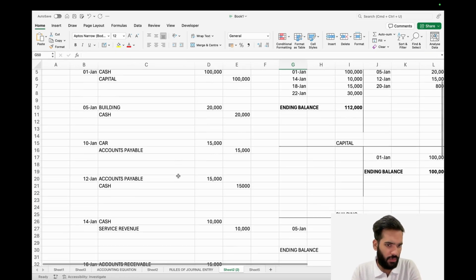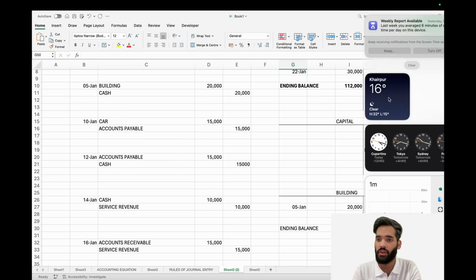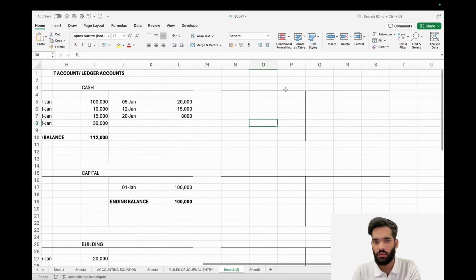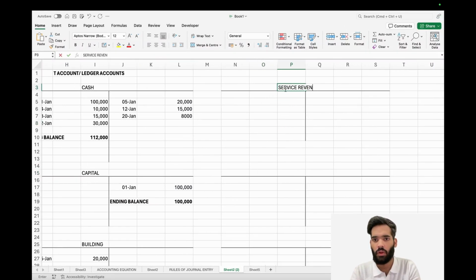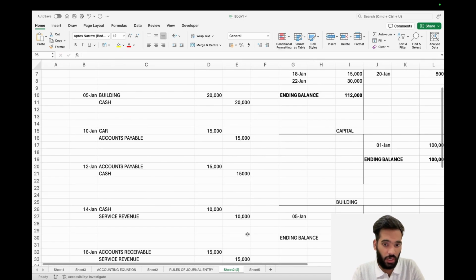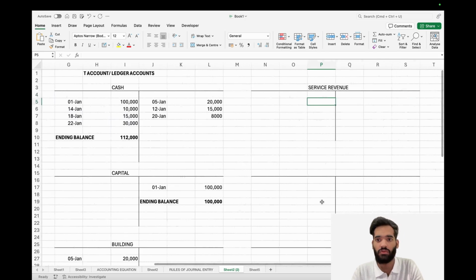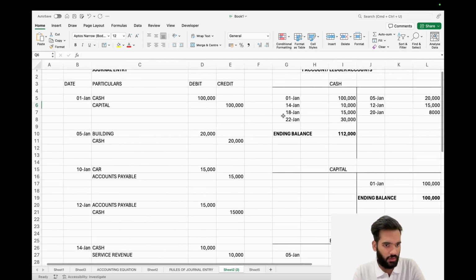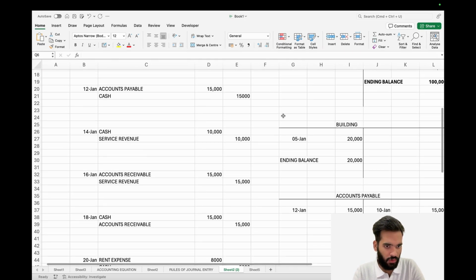After car and accounts payable, we have service revenue. So let's do that. Service revenue. All right, so service revenue is being credited by 10,000 on 14th of January. Awesome. Let's keep going. Any other service revenue? Yes.